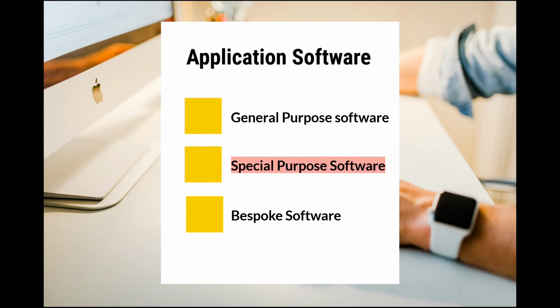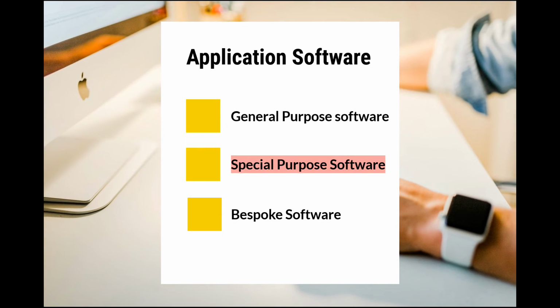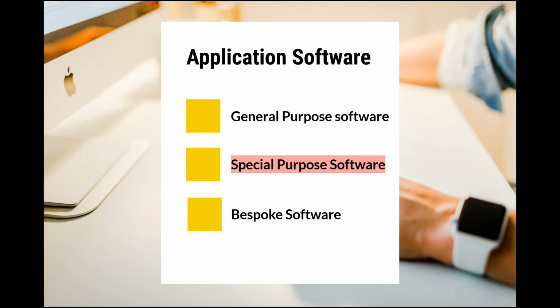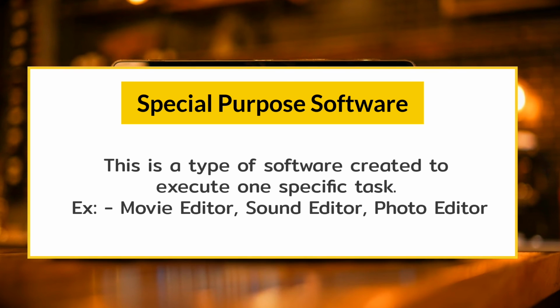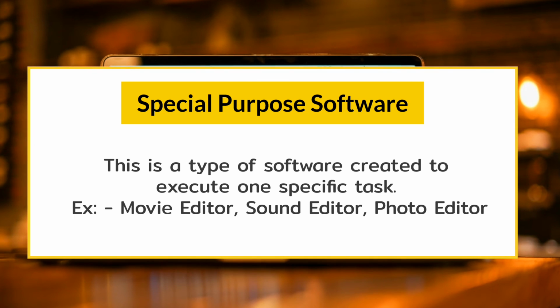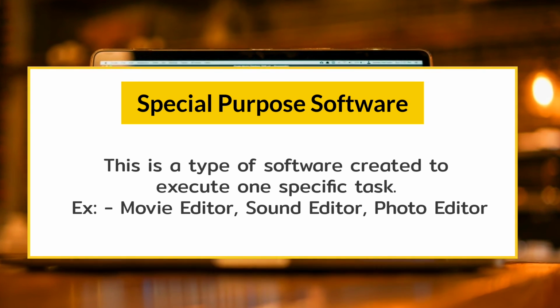It's time to learn the second type of application software, that is special purpose software. This is a type of software created to execute one specific task. For example, movie editor, sound editor, and photo editor.